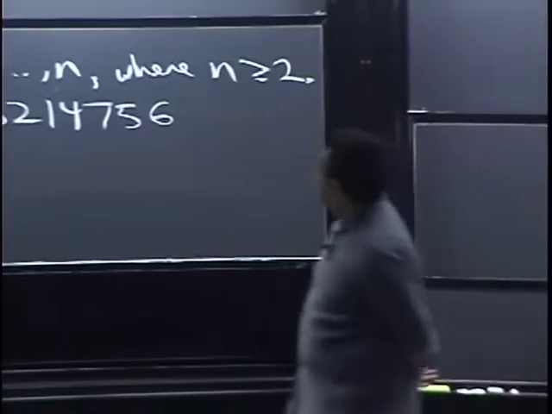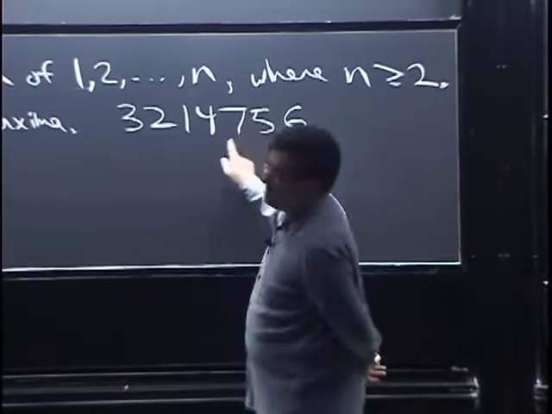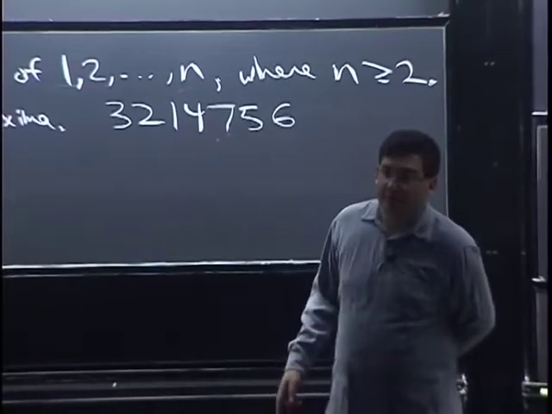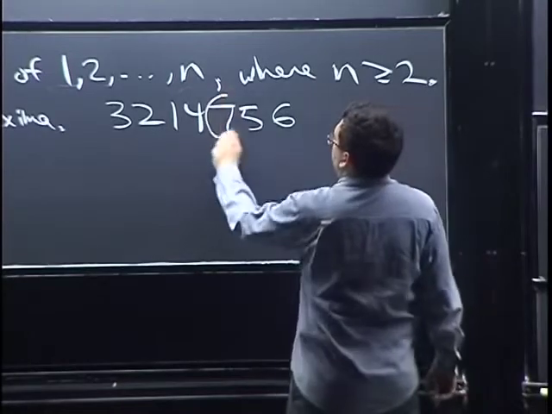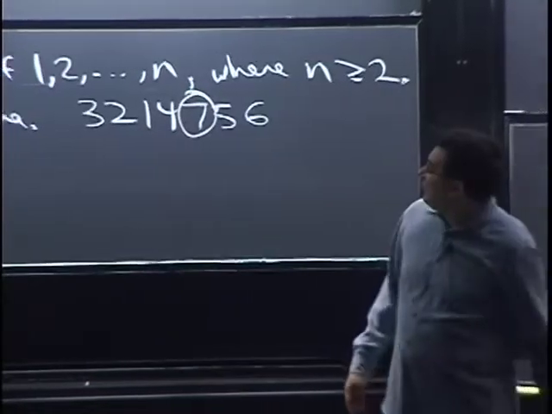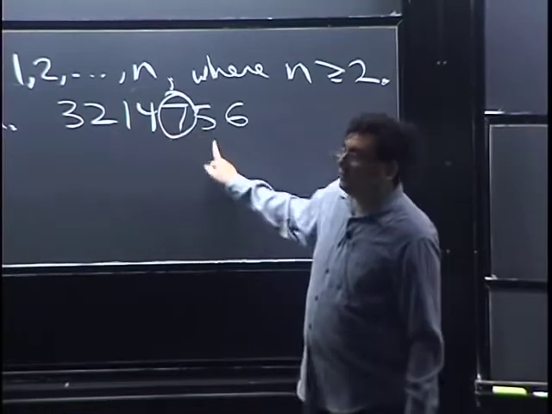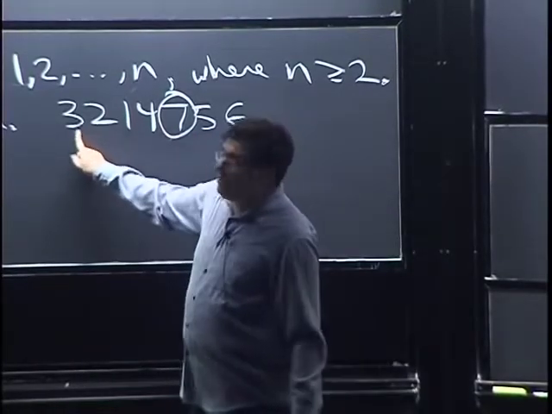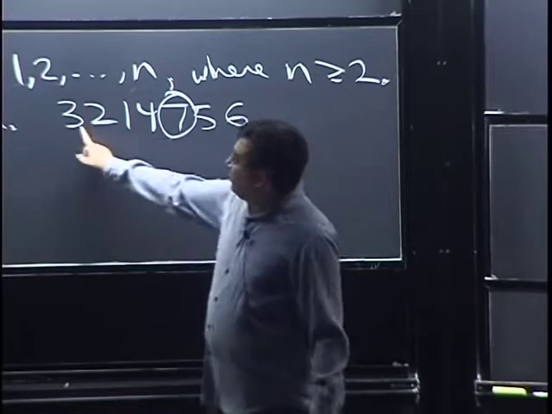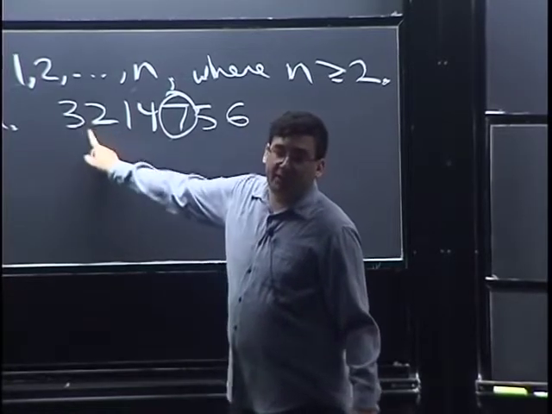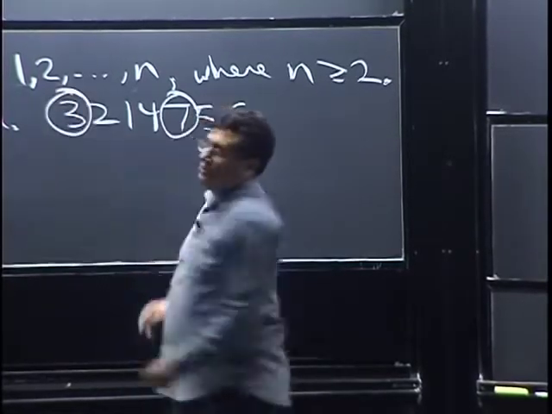A local maximum is any number that's bigger than its neighbors, right? So I'm going to circle the local maxima. 7 is bigger than 4 and 5. Now, the 3 only has one neighbor, the 2, because it's at the end point. But 3 is bigger than 2, so that still counts.